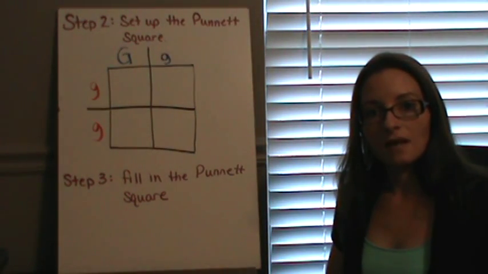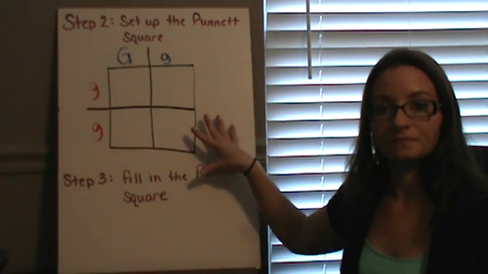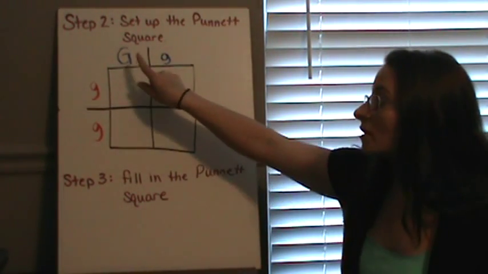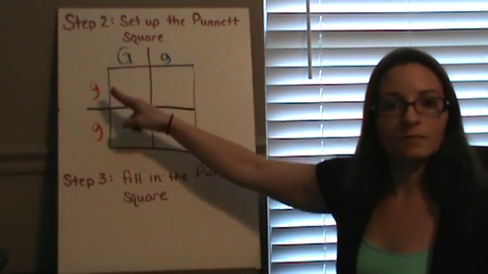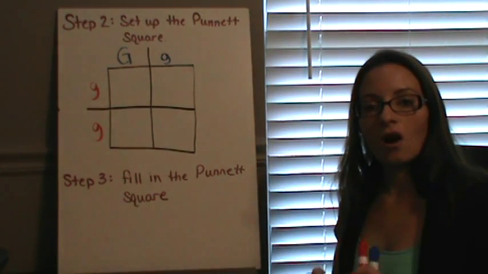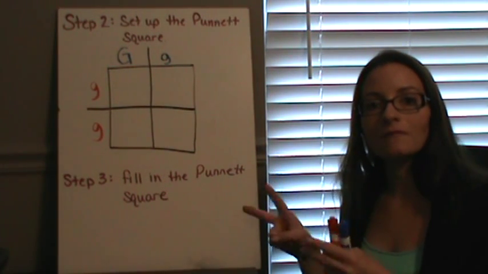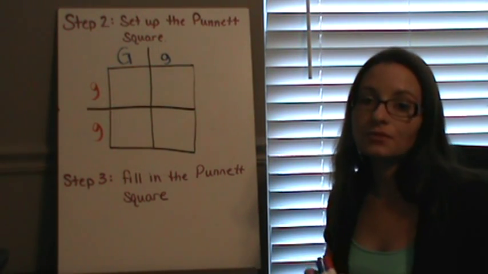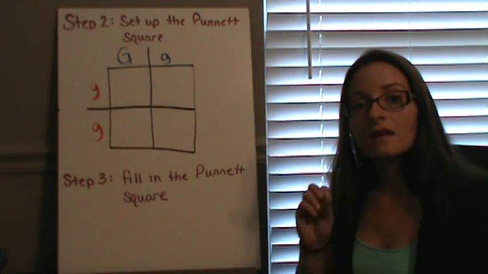Now notice, as I put these parent genotypes in the Punnett square, parent number one goes across the top and parent number two goes down the side. You're always going to put one parent across the top and one parent down the side. Do not mix them up. If you do that, your crosses are not going to come out correctly.